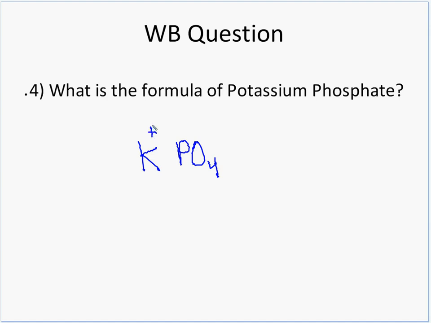Potassium forms a +1 charge. Phosphate forms a -3 charge. It just always has a -3 charge. These are not currently balanced. I need a lot more potassium. Got to add 2 more. So that gives me 3 total potassiums, 1 PO4. Since there's only 1, we don't need parentheses. This would be the formula, K3PO4.